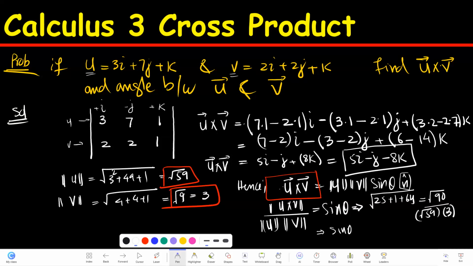Sine theta equals 0.412. Is that the correct answer?